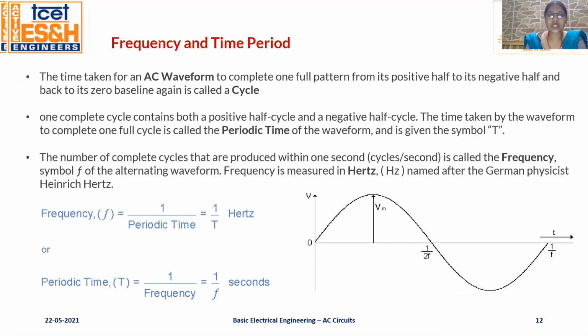Now, what is a cycle? A cycle is when your AC waveform completes its one full pattern, positive as well as negative. When your AC waveform completes its full pattern, positive as well as negative, that is nothing but a cycle.